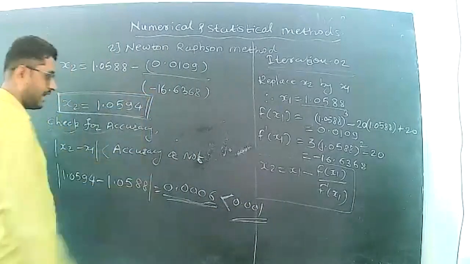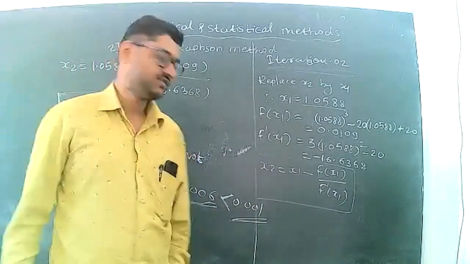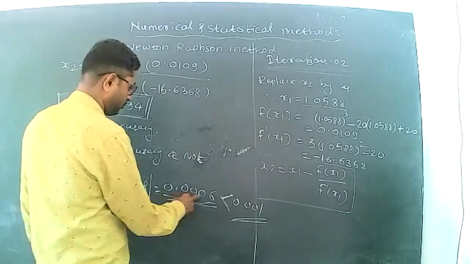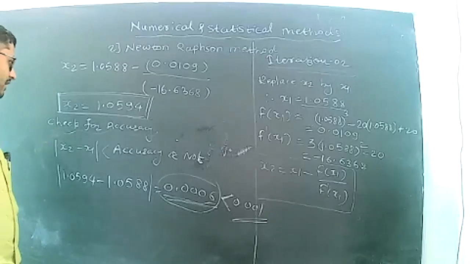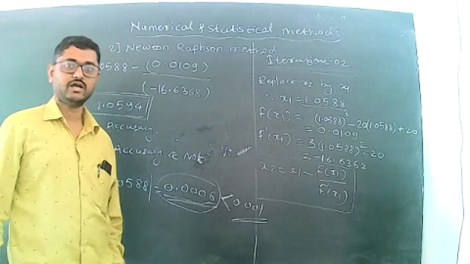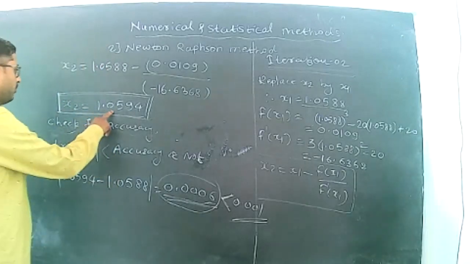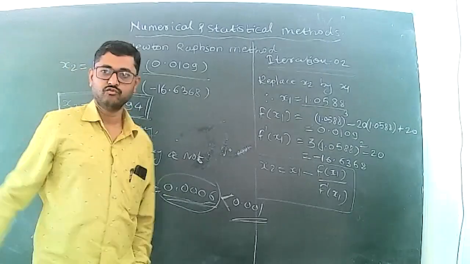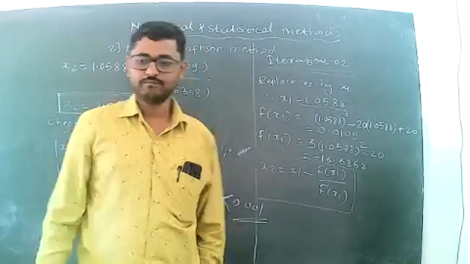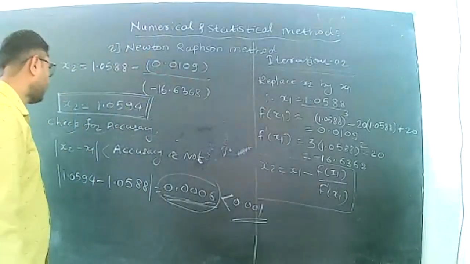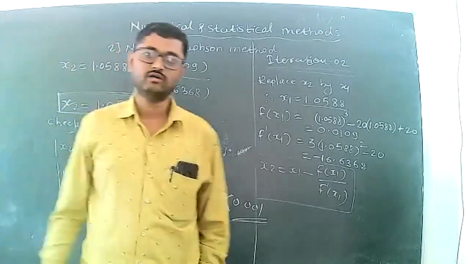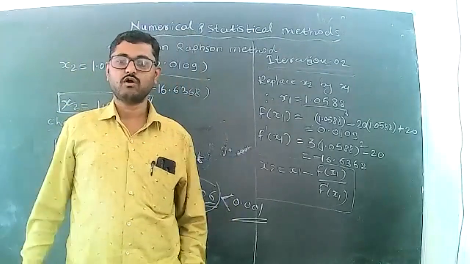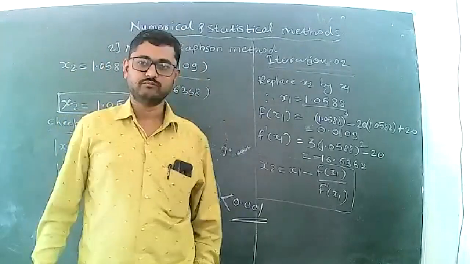Our answer for this function equation is x2 equal to 1.0594, and we performed two iterations to get the root of the equation based on accuracy criteria for the Newton-Raphson method.